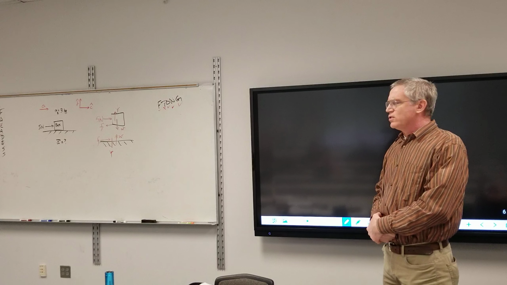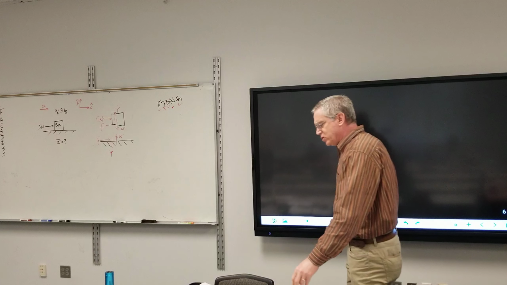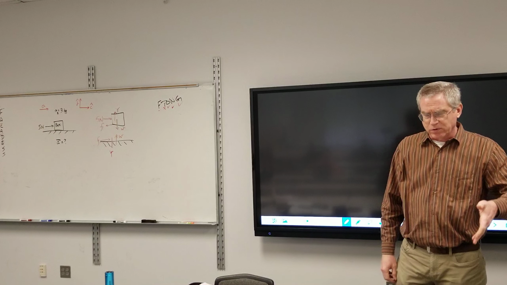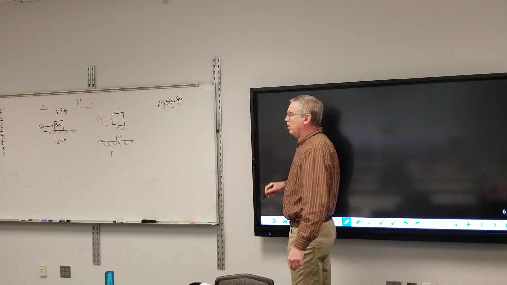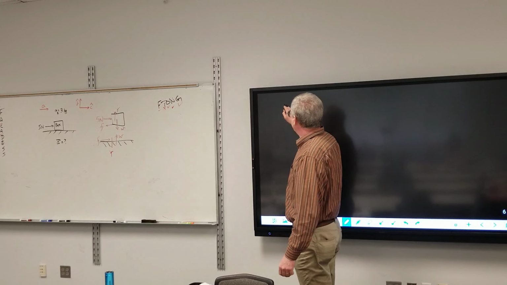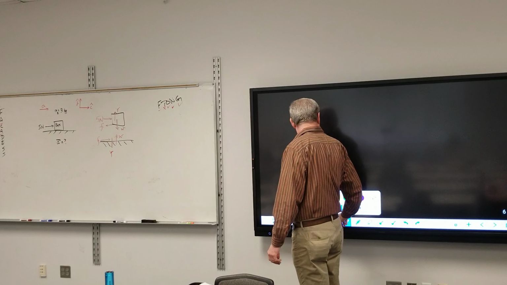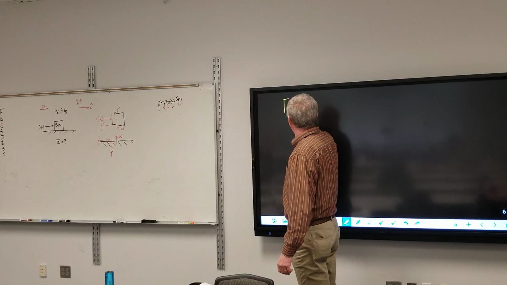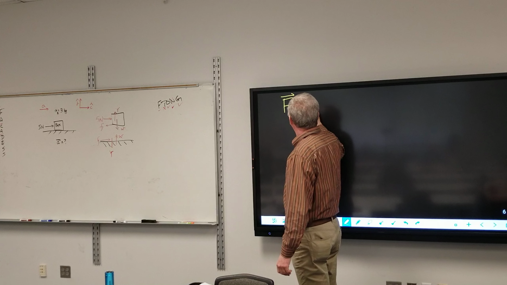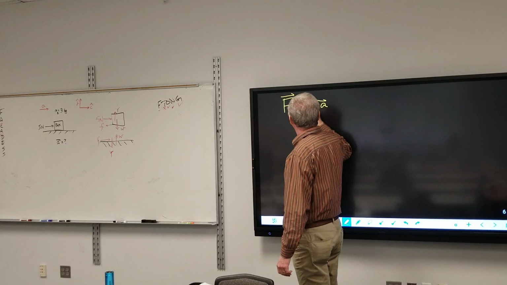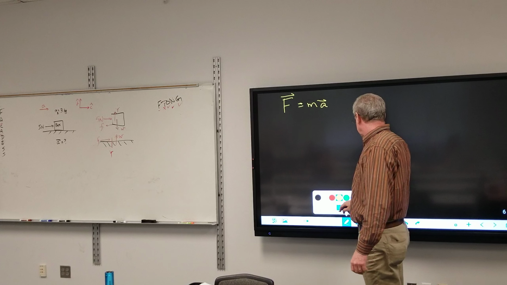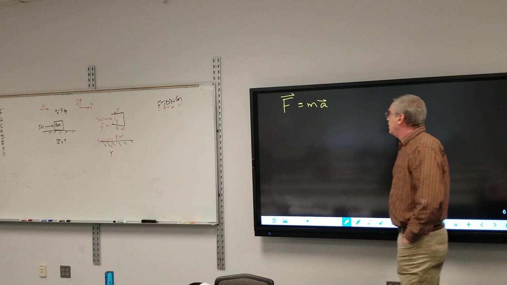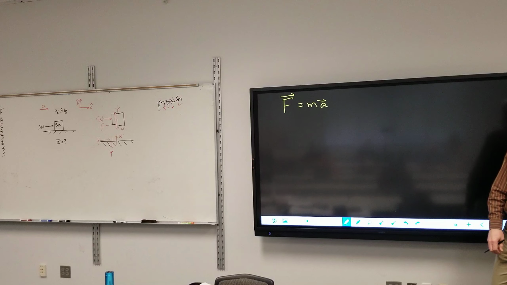E, equations of motion. The equations of motion are not the chapter 2, chapter 3 equations. The equations of motion are all based upon Newton's second law of motion. All right, so I'm going to set up my equations.